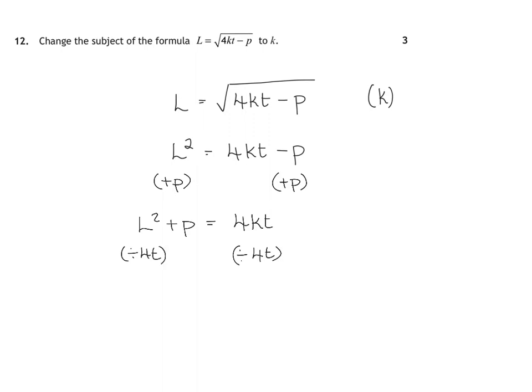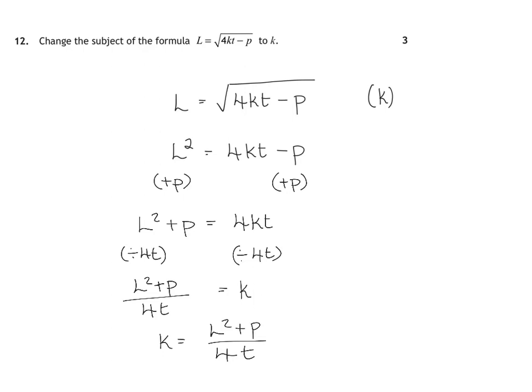So I get k equals L squared plus p over 4t. I can write that round the other way, but you don't have to. So L squared plus p over 4t.